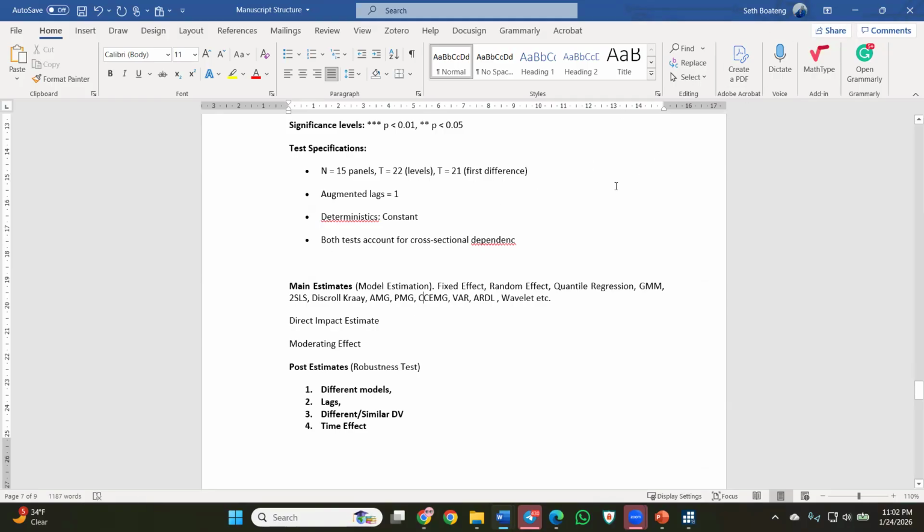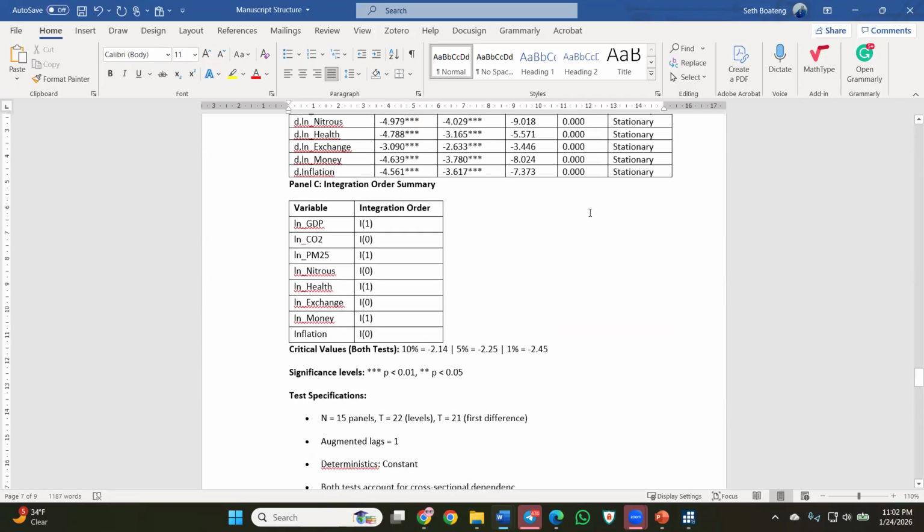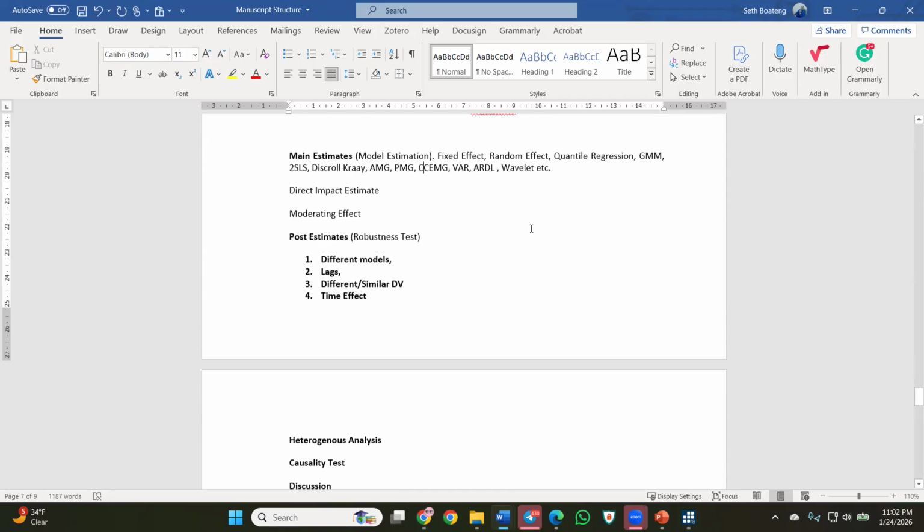The best models that I will recommend for this type of results will be either the PMG, pooled mean group, the common correlated effects mean group, and then maybe GMM is also good for this result.